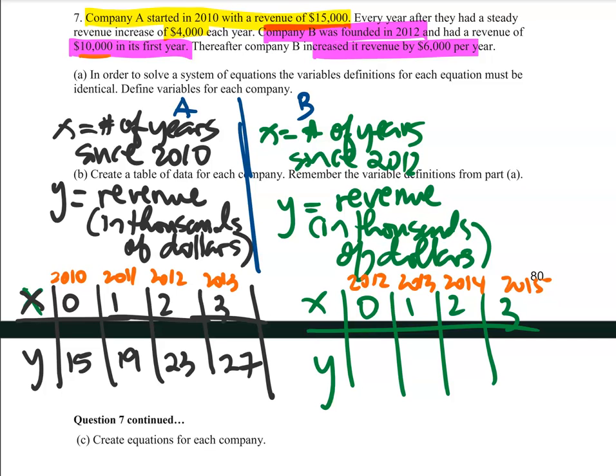So in thousands of dollars are Y, so this is 10, and increase by $6,000 per year. So 10 plus 6 is 16, plus 6 is 22, plus 6 is 28. Okay, so this is our table of data for each company, and we use these variables X and Y.